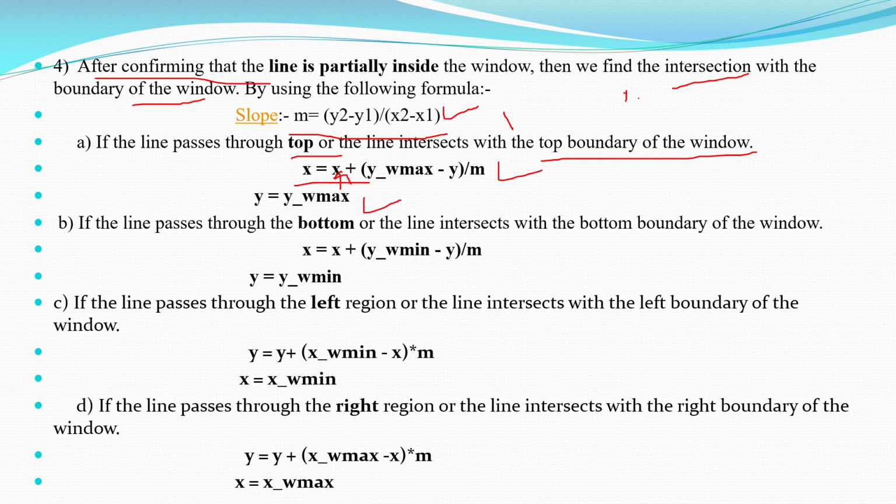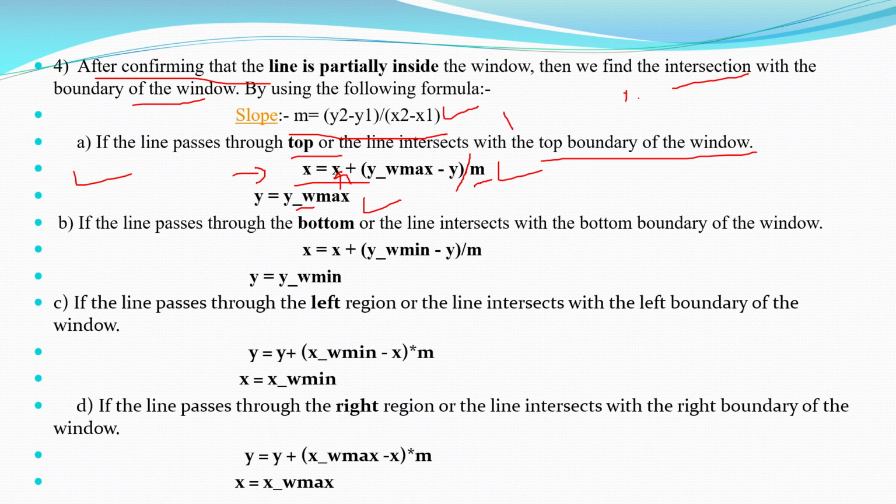Here for top we divide by the slope value. Remember, the trick is that in top we find x equals x plus (yw max minus y) divided by the slope, and y is yw max. W is window max. Okay, next, this is for the first condition, where the point will be on the top.